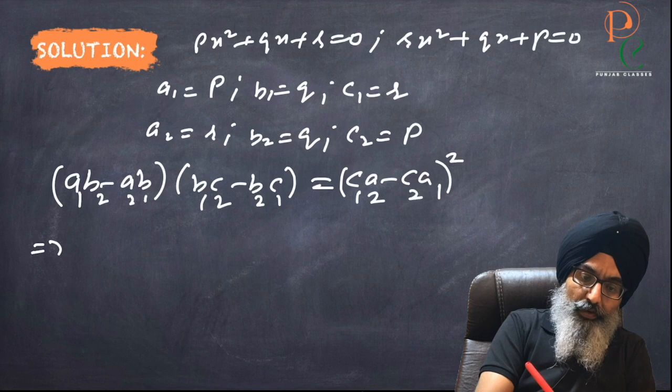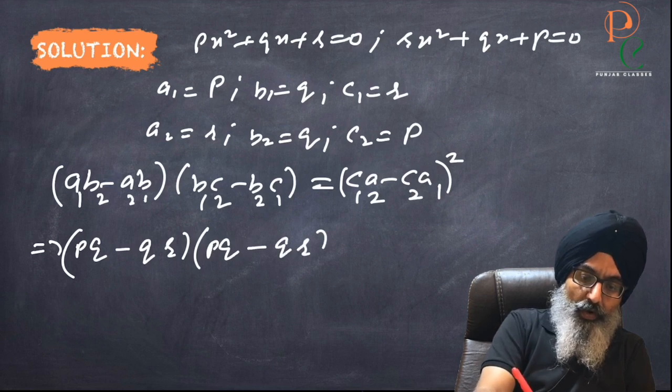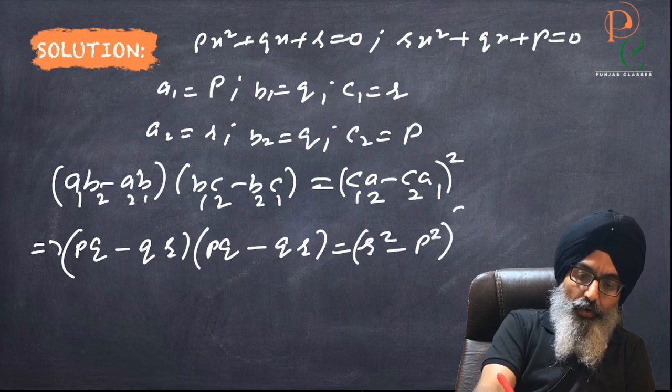So A1B2 will become PQ minus A2B1, which becomes QR, then B1 into C2 becomes again PQ minus B2 into C1 again becomes QR, equals C1 into A2, it is R square, minus C2 into A1, that is P square, whole square.